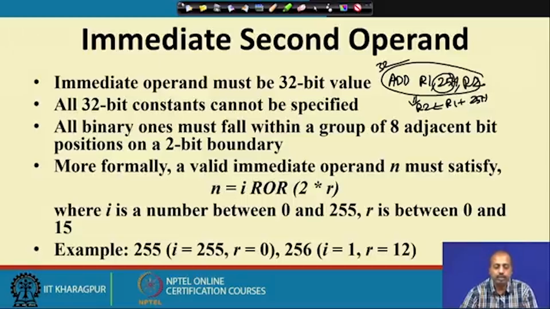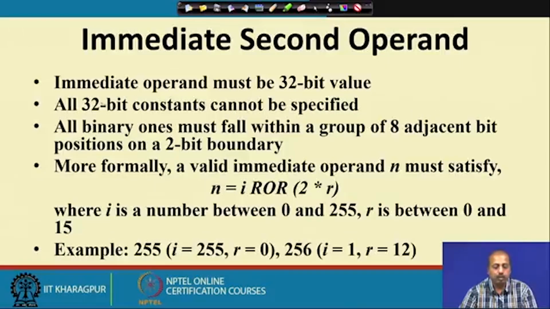How? Let us see. All 32-bit constants cannot be specified. The numbers which are allowed are those where all binary ones must fall within a group of 8 adjacent bit positions and on a 2-bit boundary.